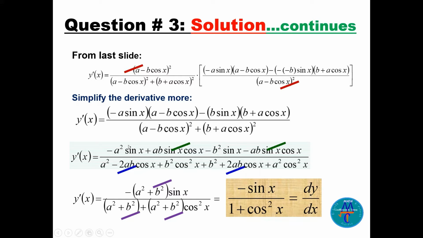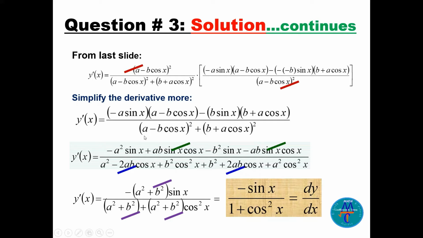Now we need to multiply in the numerator, and we have to expand in the denominator. So minus a squared sine of x, minus and minus, we have plus ab sine of x cosine of x, minus b sine of x times the b, minus b squared sine of x, minus b times a, so minus ab sine of x cosine of x. We can cancel also these two terms.